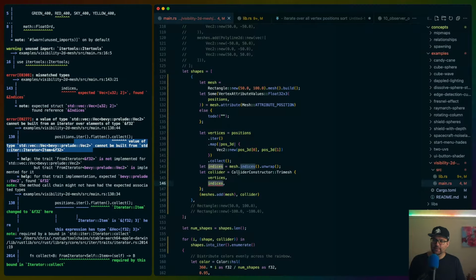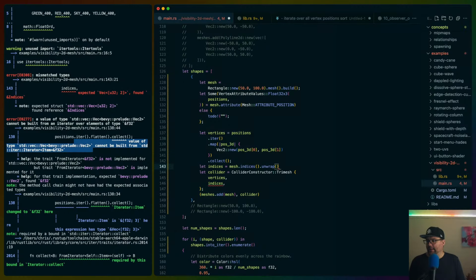And then indices is every point enumerated, windowed with the last pair cycling around, right?